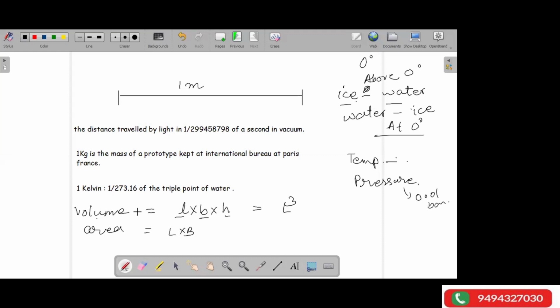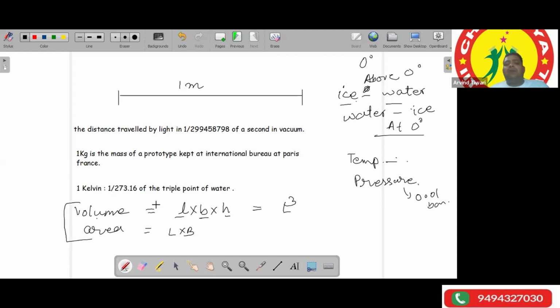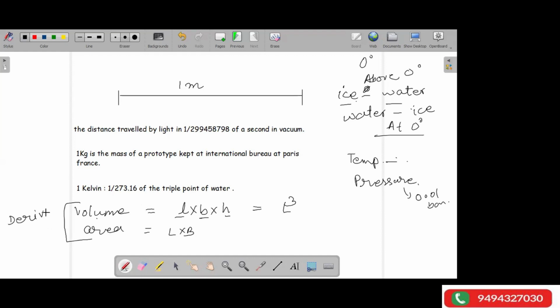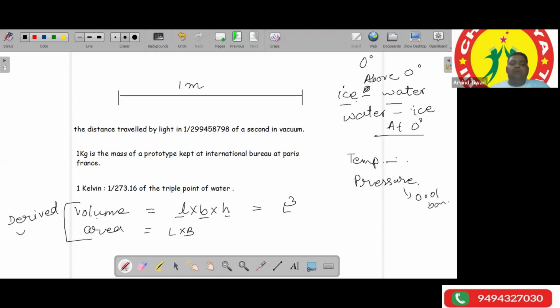So we will call these quantities which can be made by using other fundamental quantities derived units. The quantities which can be obtained from other physical quantities are called derived physical quantities.